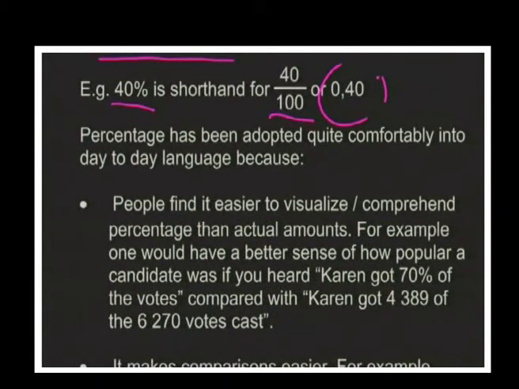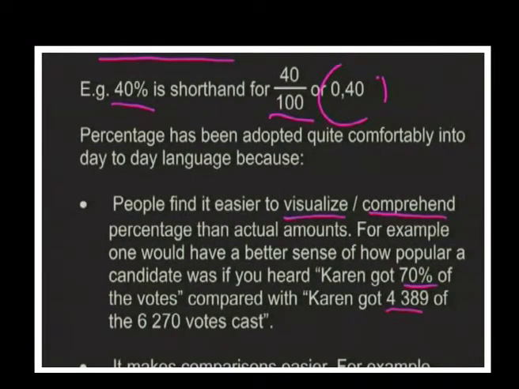Percentage has been adopted quite comfortably into day-to-day language because it's easier to visualize, to comprehend or understand a percentage than an actual amount. Let's look at this example that I have here. It would make sense to say that a candidate got 70% of the votes.